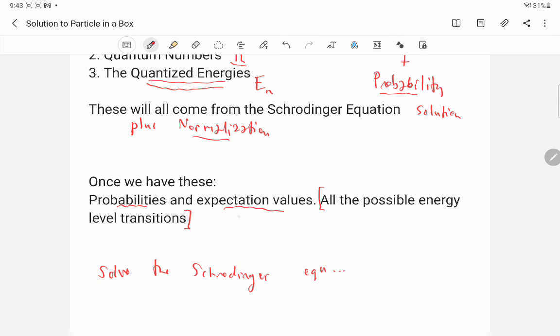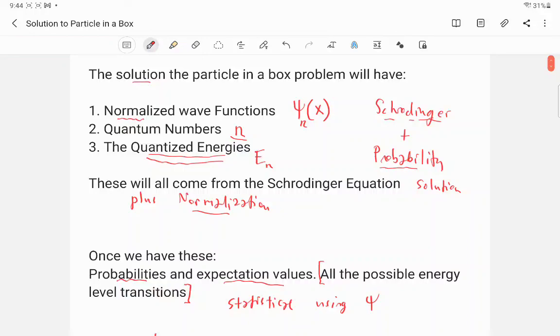They're all gotten from making statistical statements using the wave functions. So the wave functions have a statistical meaning, but the wave functions themselves come from Schrodinger's equation.